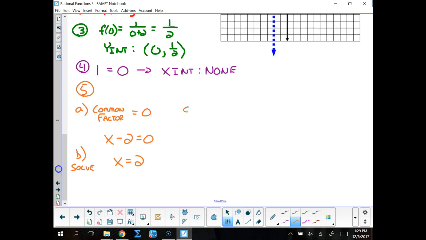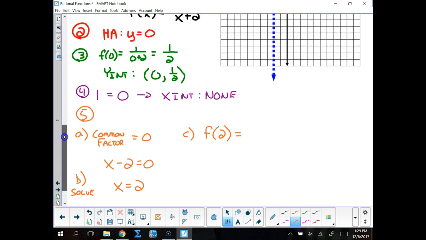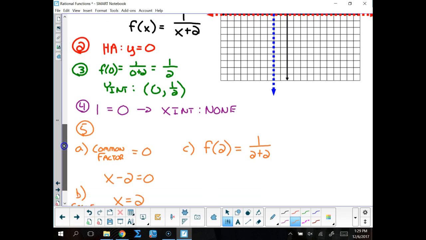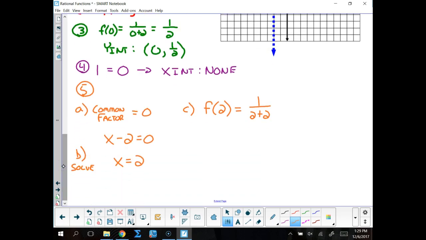Part C says I'm going to find f of that number that I just solved for in part B. So I need to find f of 2. So if I put 2 into my new function, that's going to be 1 over 2 plus 2. 2 plus 2 is? So my f of 2 is 1/4. Okay.